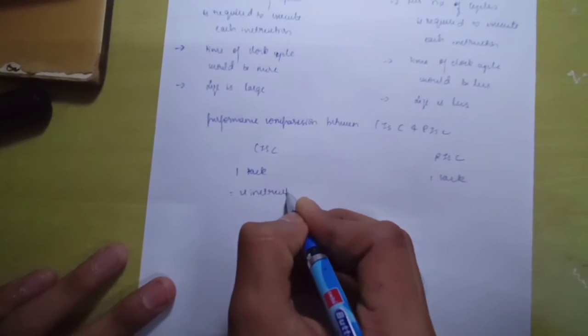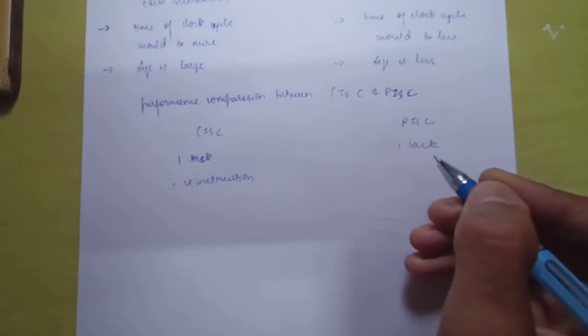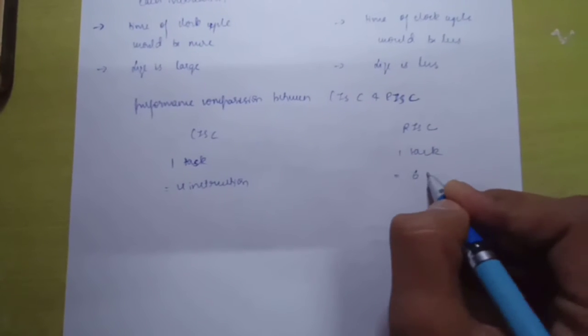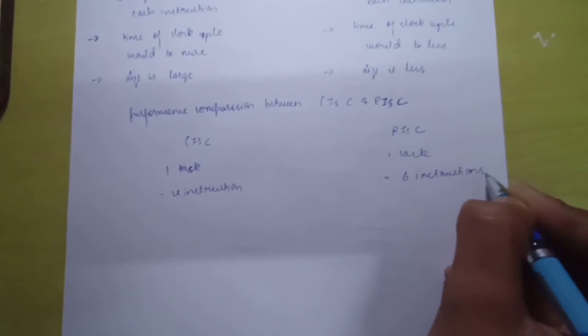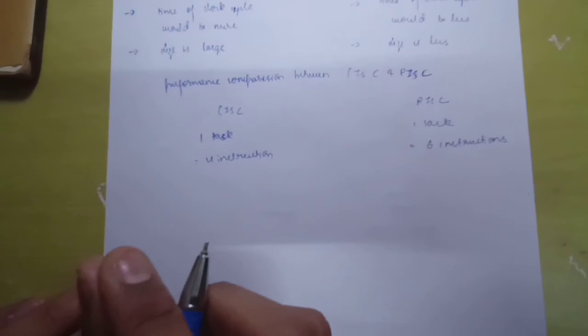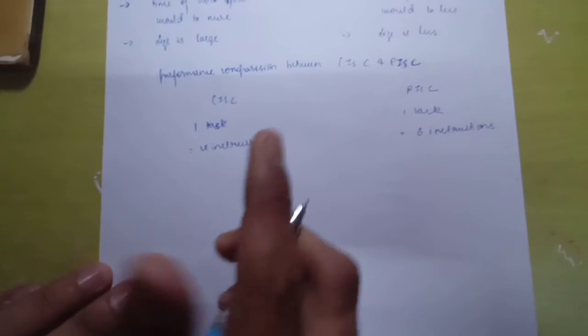Since in RISC we require more instructions to do the same job, let's say we require 6 instructions to do the same task. As I said, we require more clock cycles to execute one instruction in CISC, since the instruction would be complex.